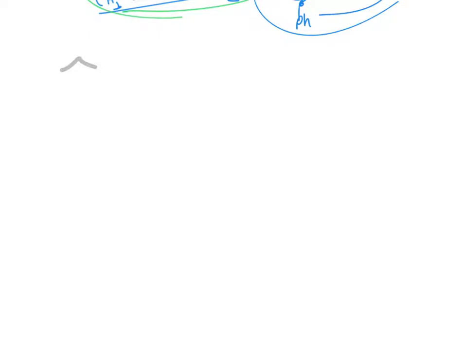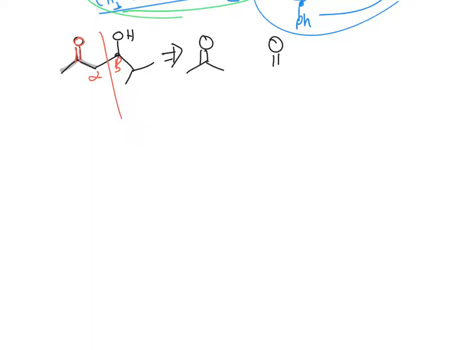We have our carbonyl, OH. All right, so once again, locate the carbonyl, assign alpha and beta, draw a line through it. There you go. And then your beta, that OH, becomes the carbonyl. All right, so there you go.